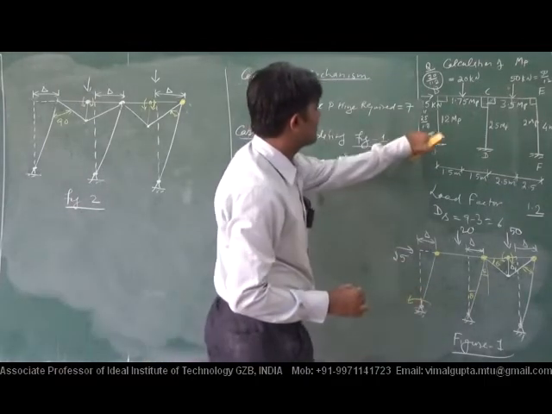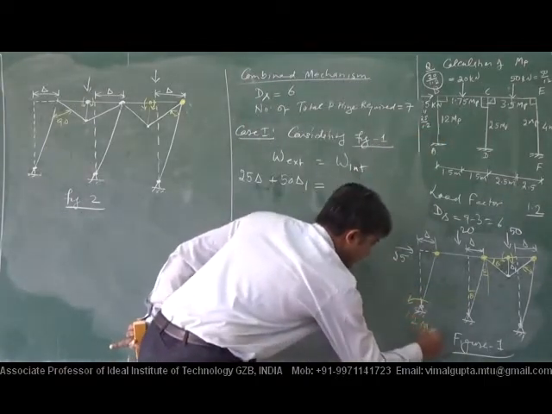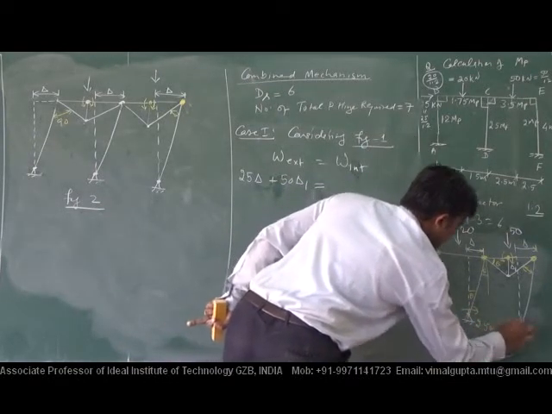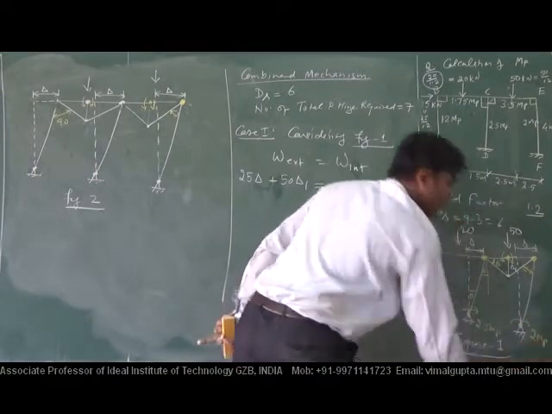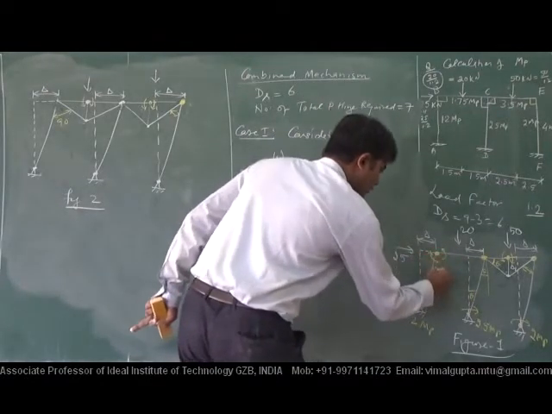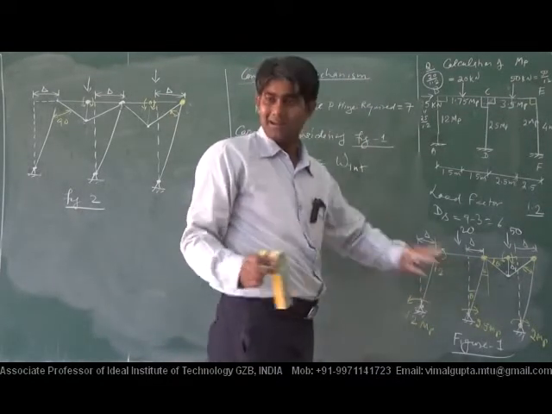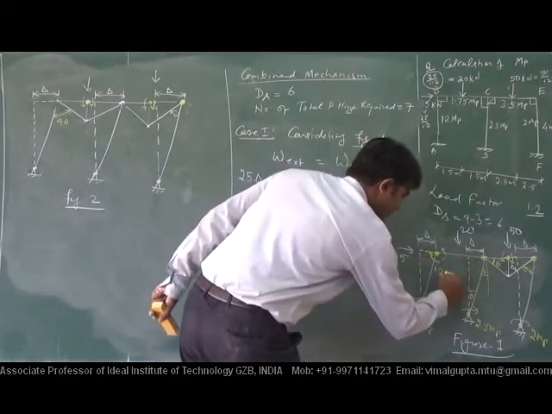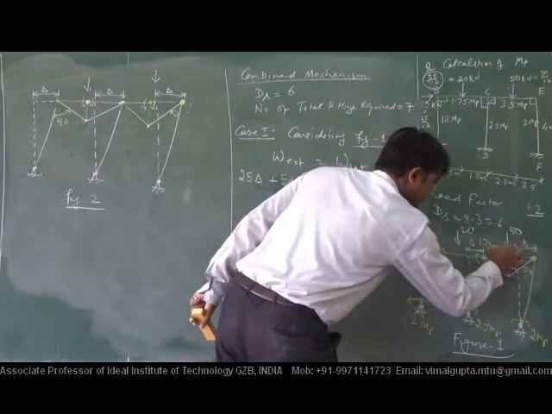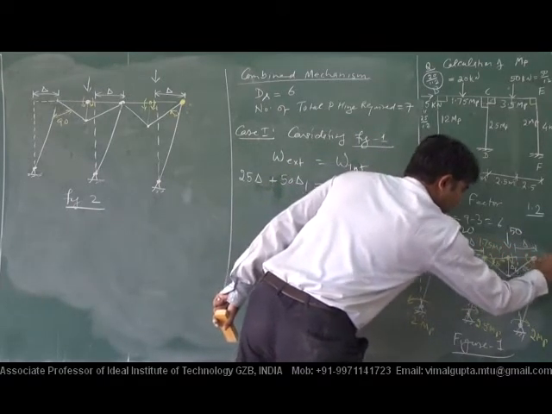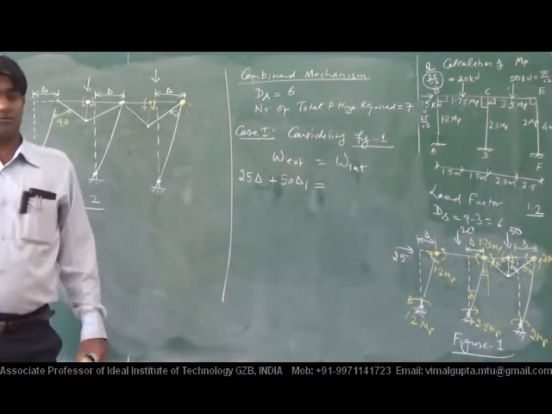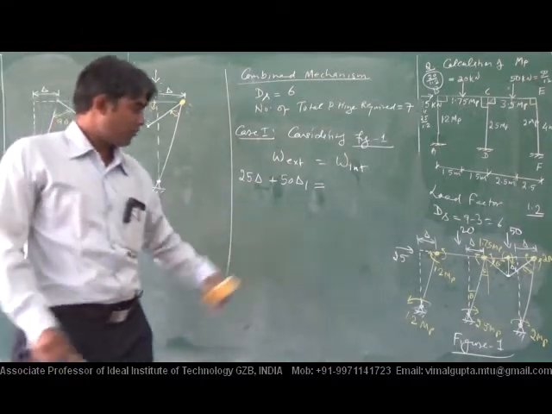That will be 1.2 MP here, 2.5 MP here, 2 MP here, 1.2 MP here, 1.75 MP here, 2 MP. Clear?